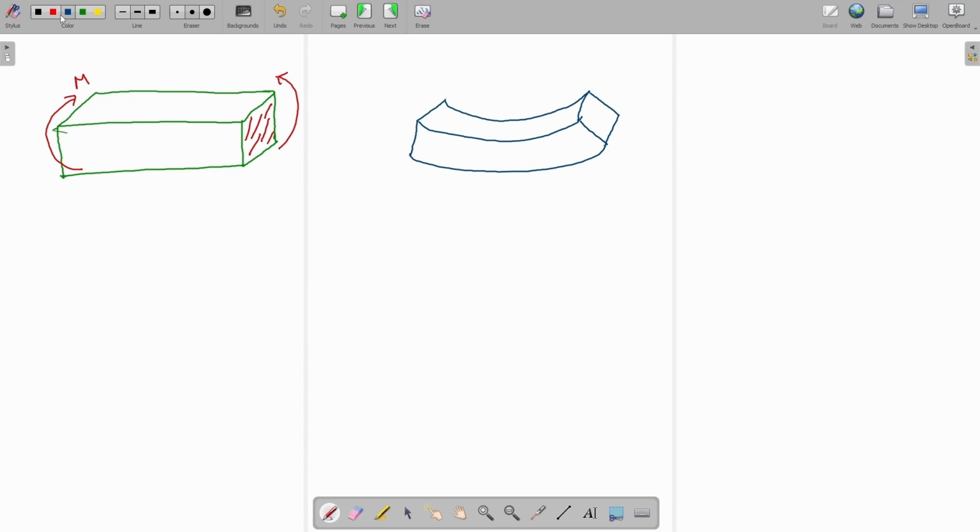In this case, this is the bent beam. It is forming an arch shape. This cross-sectional area, both before and after the bending, must remain the same.